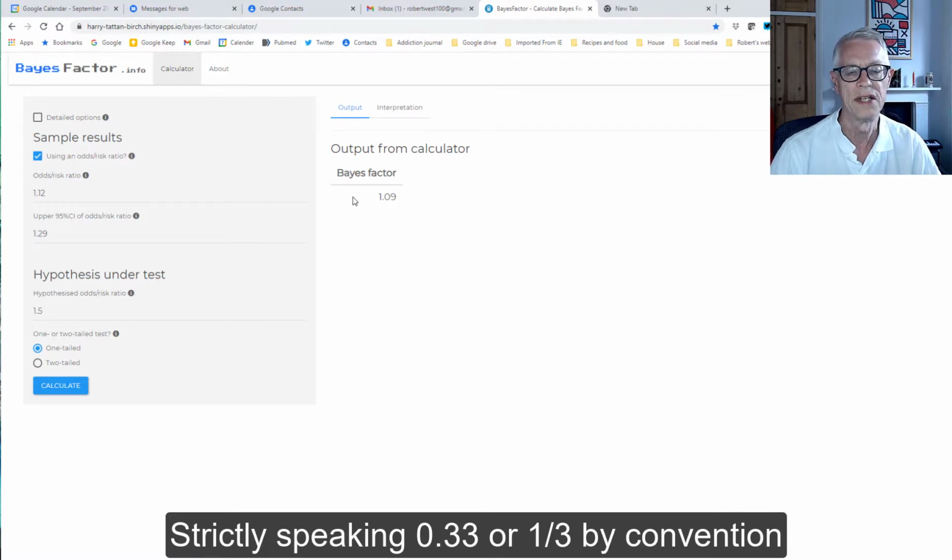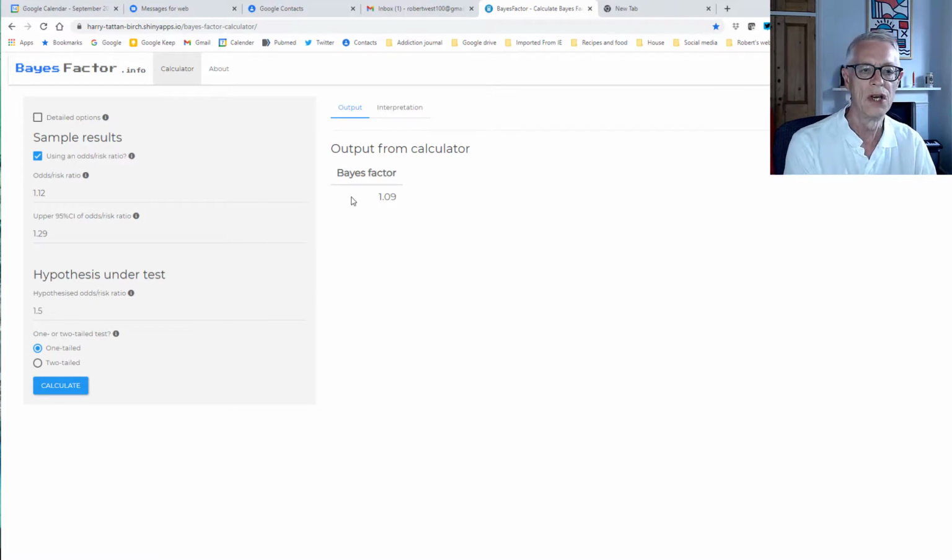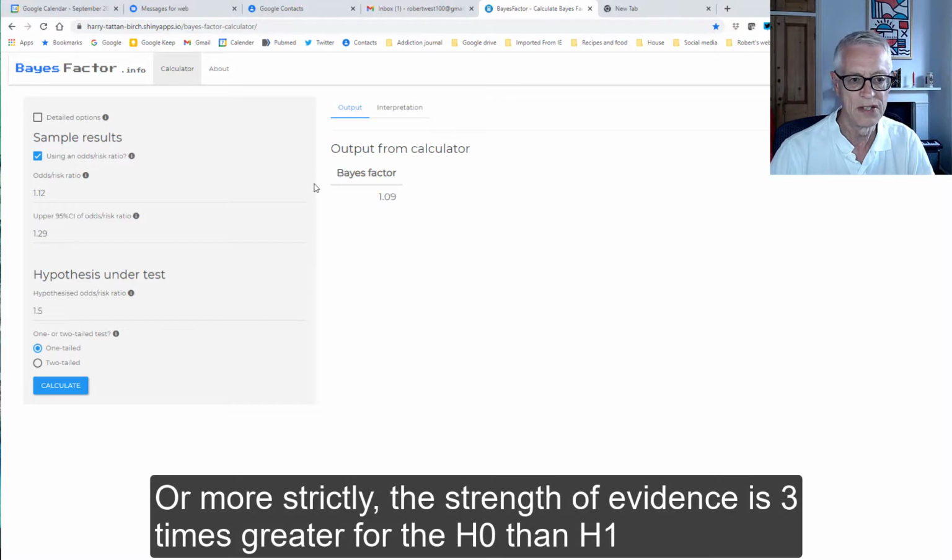That's one of the classic thresholds: if you want to assert the null with some moderate degree of confidence, then you would need a Bayes factor of less than 0.3. In other words, it's less than 30% likely that the experimental hypothesis is true relative to the null.